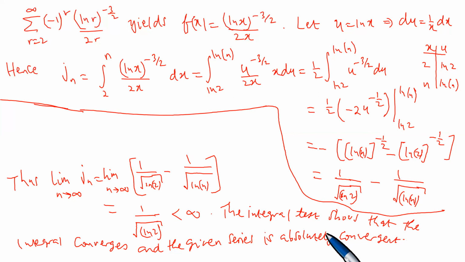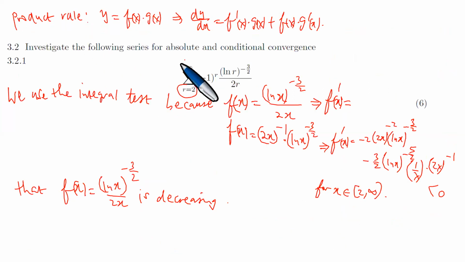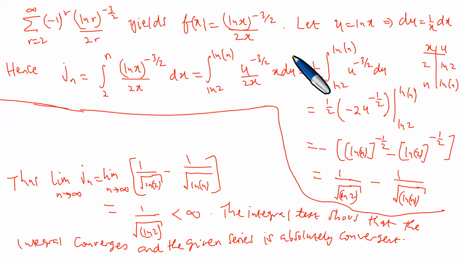Okay, because the question was saying to investigate the following series for absolute or conditional convergence. So we have seen absolute convergence. So the series is absolutely convergent.